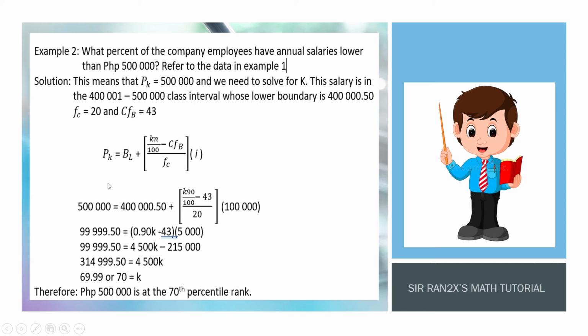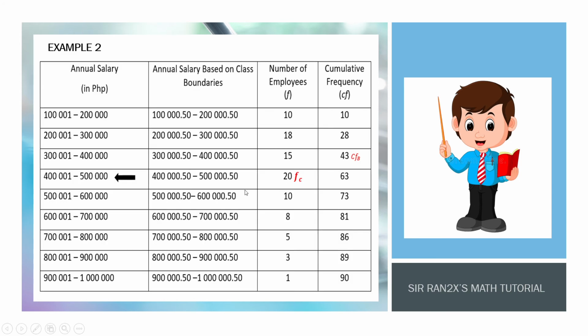Take note of that. The class boundary can also be identified now: 400,000.50. Let's go back to the data. Your class boundary is here, 400,000.50, because our class interval is here. You just subtract 0.50 from this number.